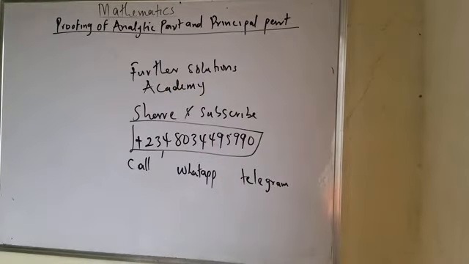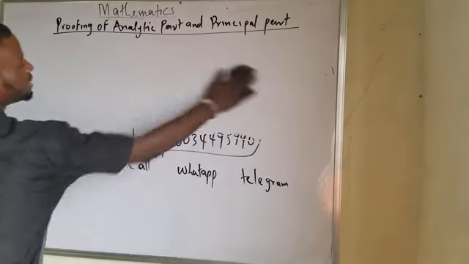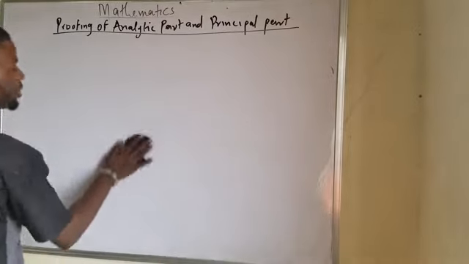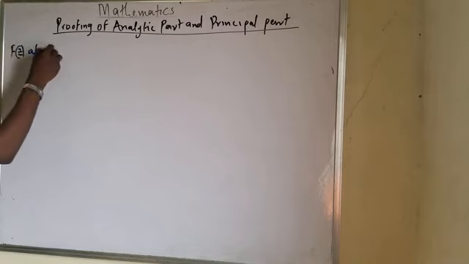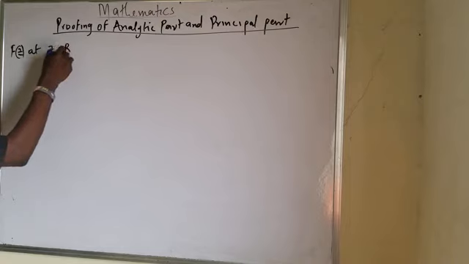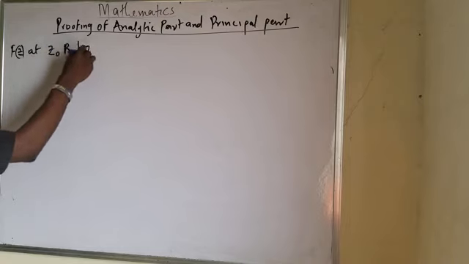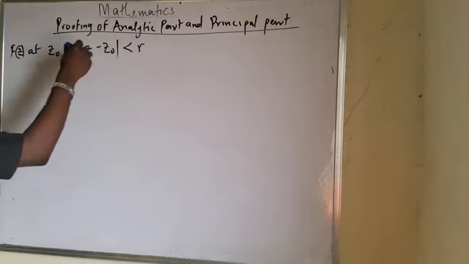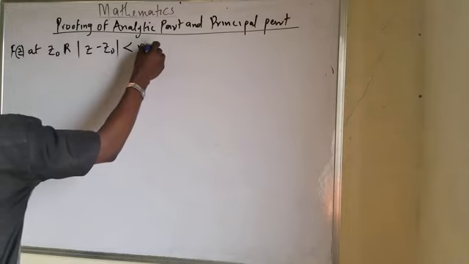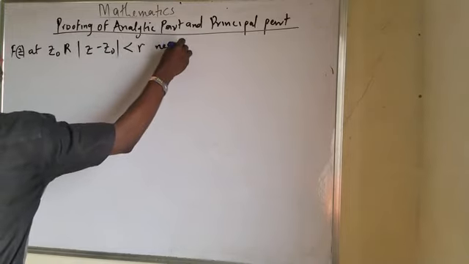Okay, now back to the real business of the day, which is proving the analytic part and principal part. Now, we all know that f of z at z naught, with r a real number, where the absolute value of z minus z naught is less than r.